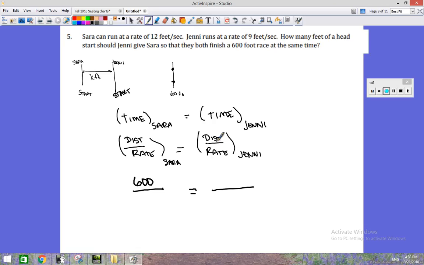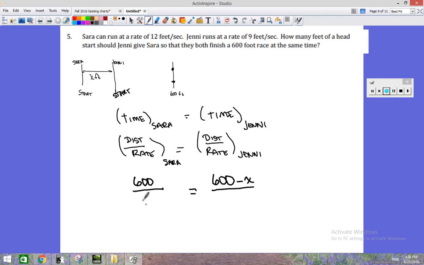Now Jenny ran less than 600 feet, because Sarah said, hey, go up there and start the race from there to make it fair. So she didn't run her head start part, so we'll take that away from the distance of the race. So that's the length of her race.